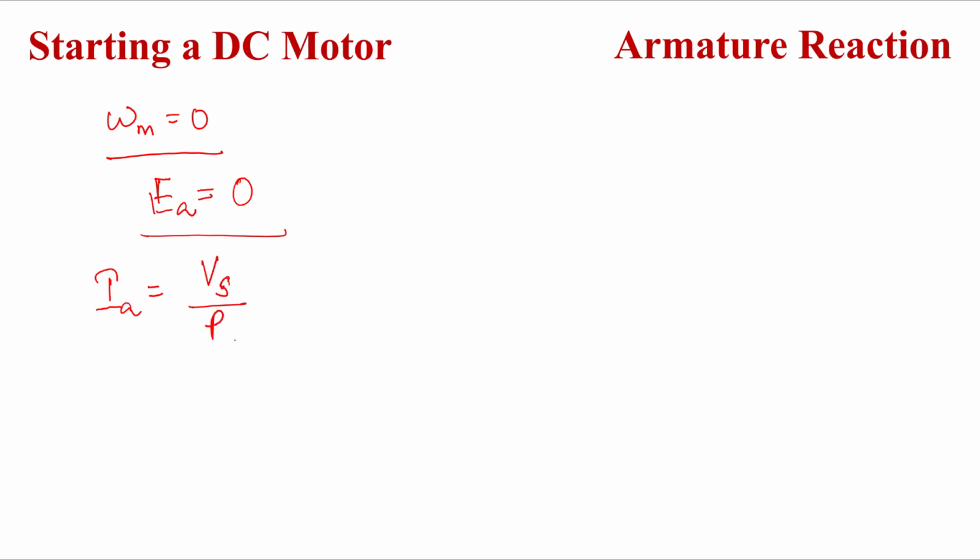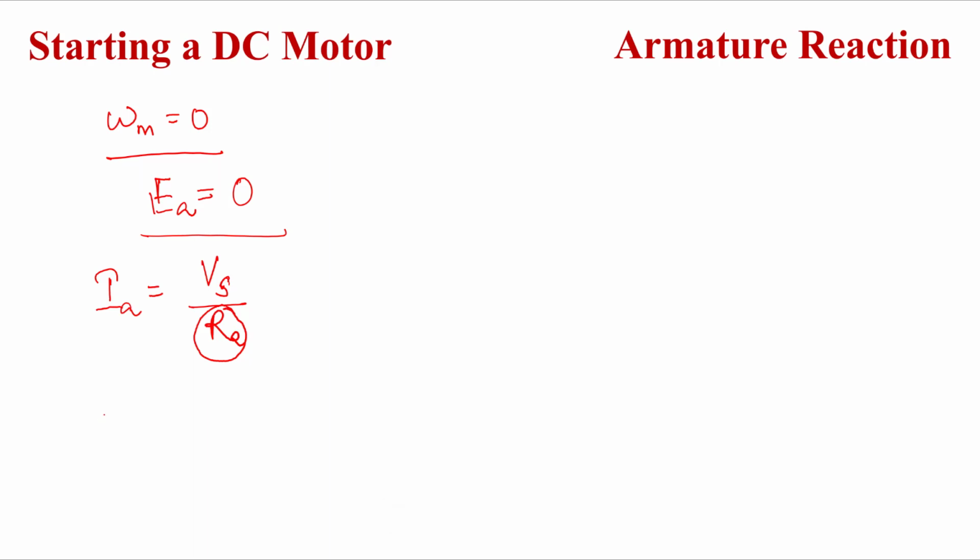Why is it required? Because when the motor is about to start, the speed is 0, right? As the speed is 0, your back EMF will be 0. Okay? So as your back EMF will be 0, armature current will be Vs by Ra. And this resistance of armature is very small, in the 0.2 or 0.3 range, right?